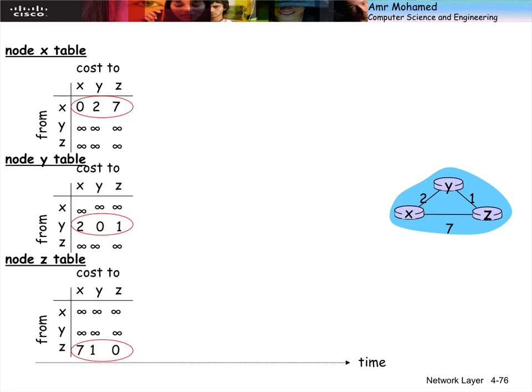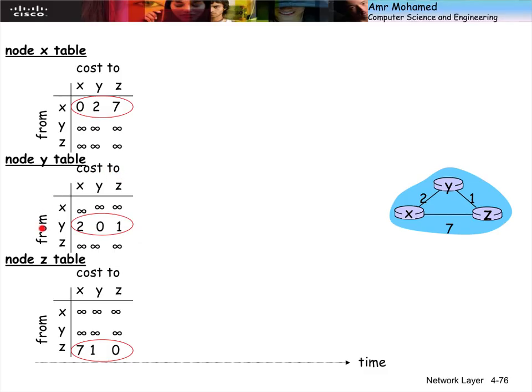It has the cost to Y, which is 2. And it has the cost to Z, which is 7. That's what it knows. Of course, this is not the minimum cost, as we can see, but that's what it knows. The direct cost to Z is 7. That's what it knows, okay? And it has no information at this point from Y or from Z. I did not receive anything from Y and from Z, okay?